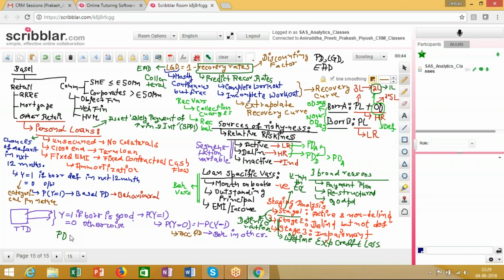There are two types of PD estimates that we have. One is called the point in time PD, or PIT PD, and the second is called the through the cycle PD.